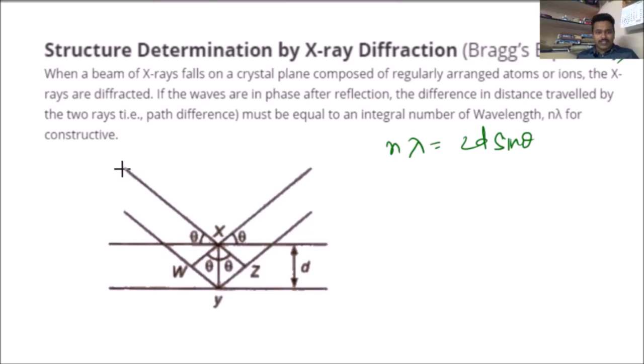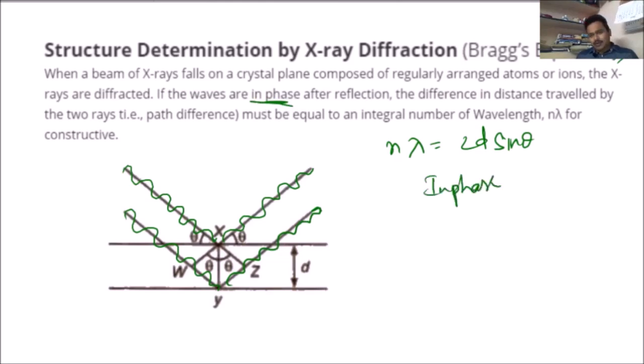We are showing it in a straight line, but the wave will be like this. Generally, we have an idea about the wave. It falls like this, and it will go like this. If the waves are in phase after reflection, what is in phase? You may have studied this in physics.